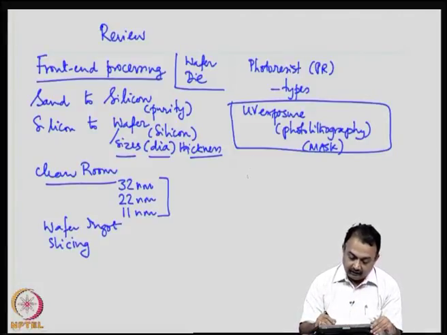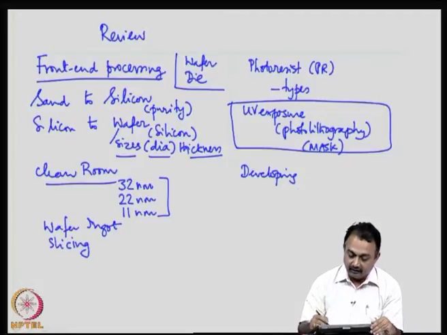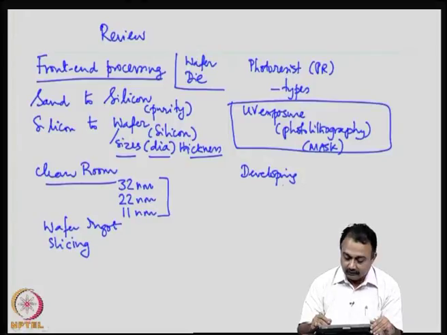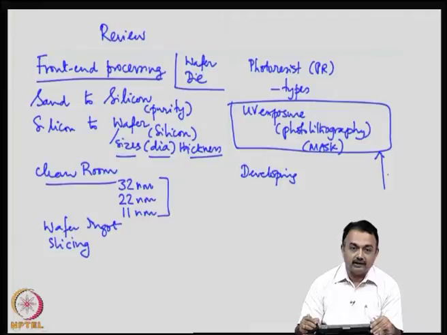Then other sub processes, if you can call them, are the developing process, which again works on the photoresist material depending upon whether it is exposed to UV light or not exposed to UV light. And we also talked briefly about the advanced methods of photolithography, not necessarily UV exposure, but other methods like X-ray lithography and so on.